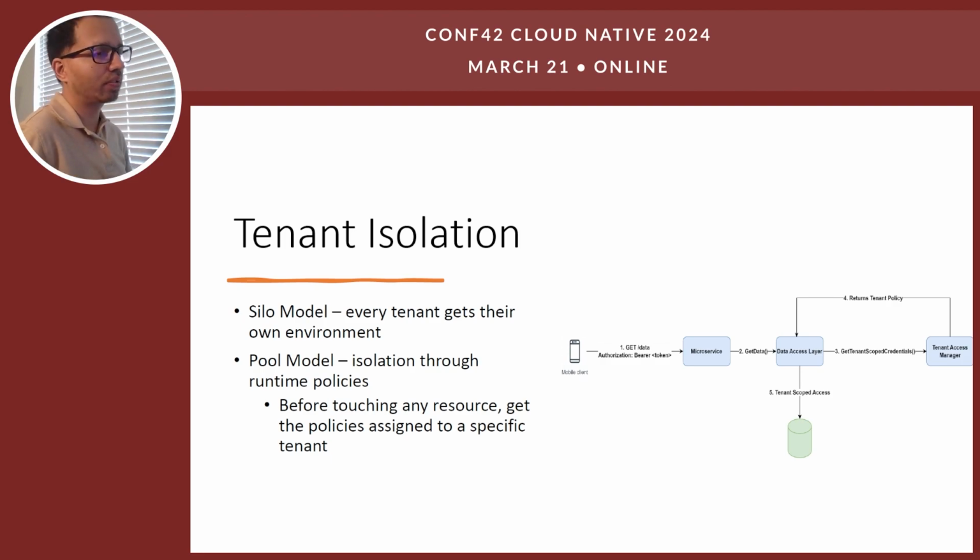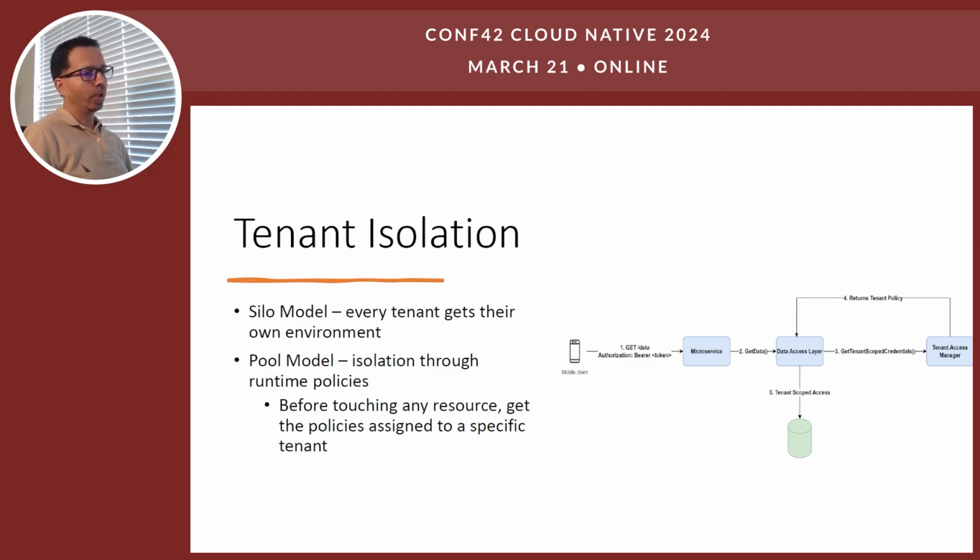How does it work? Let's take one example. Let's say we have a client logging in to our application using a mobile device, and after that it goes through an OIDC workflow to get the token, and after going through the API gateway it hits our microservice, and now we reach our data access layer where we are getting data. So before making this call to our database with tenant-scoped access, what will we do?